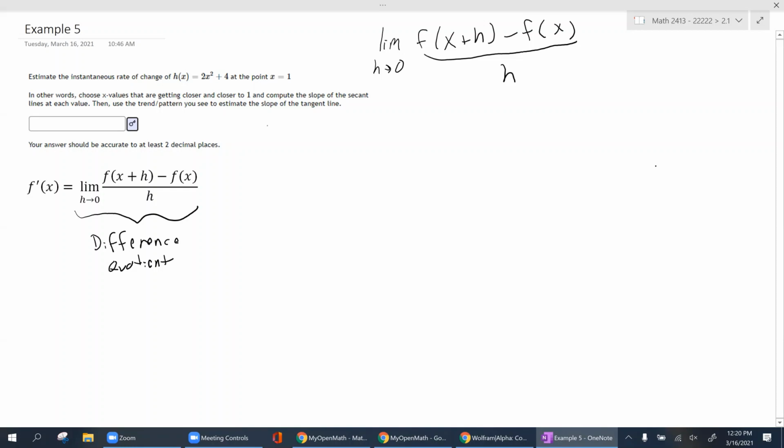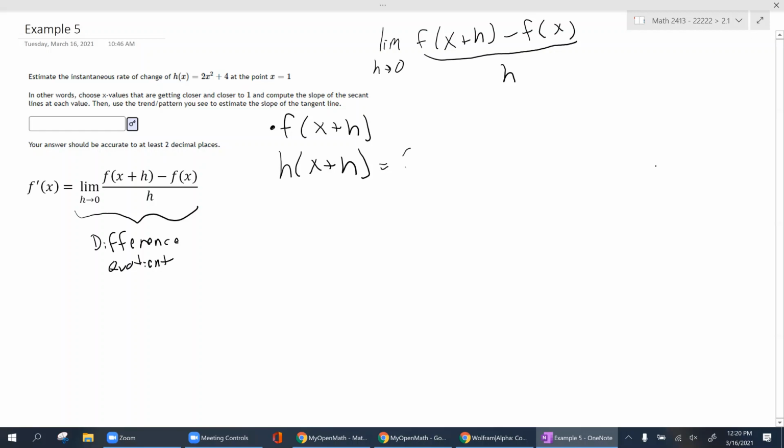I'm going to be focused on finding out what f of x plus h is. All I'm doing there is plugging in x plus h. I'm going to treat that as one thing and plug it inside my given function, so I'm going to plug x plus h into my h.